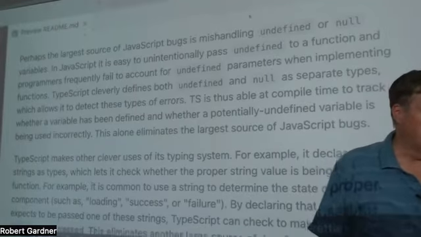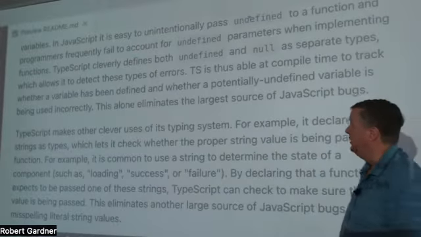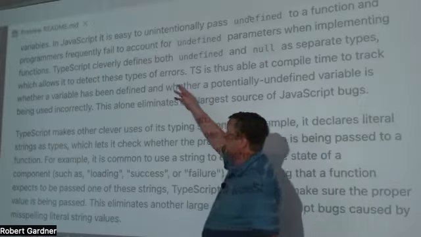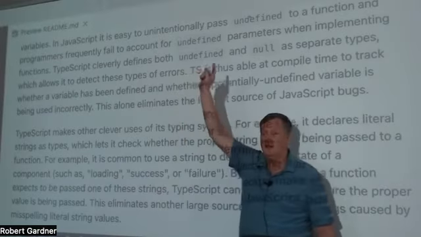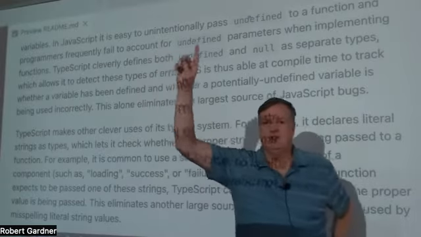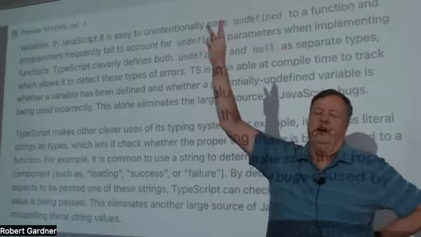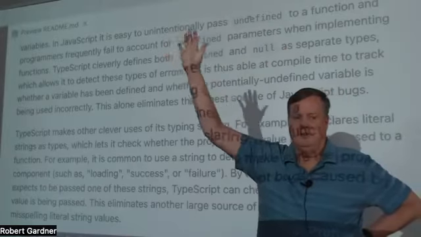Oh, I guess I'll talk about it right now. The way this works in TypeScript is they did a very clever thing. They say undefined and null are data types. So you have data types of string, number, object, undefined, and null. Those are the data types.